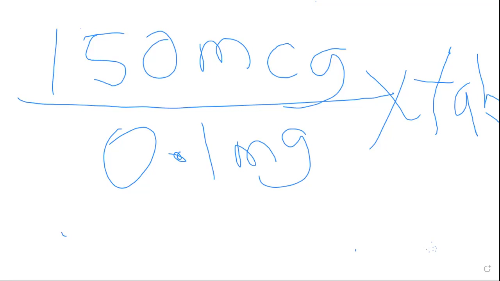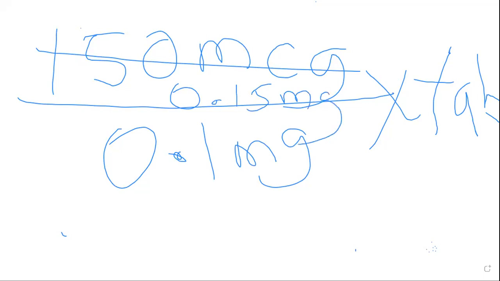Again, we want to convert the doctor's order because it's easier to convert that than what you have on hand. So we have 150 micrograms. We're going to divide that by 1,000, and you should have gotten 0.15 milligrams.